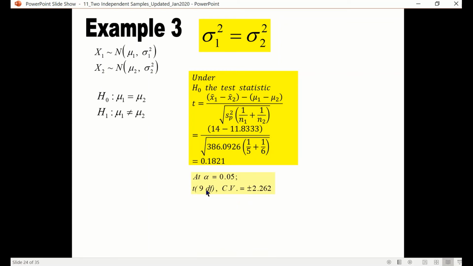At 9 degrees of freedom, we will find that at alpha 0.05, the critical value is two-sided. One will be on the negative side, the other on the positive side, and the value is 2.262.